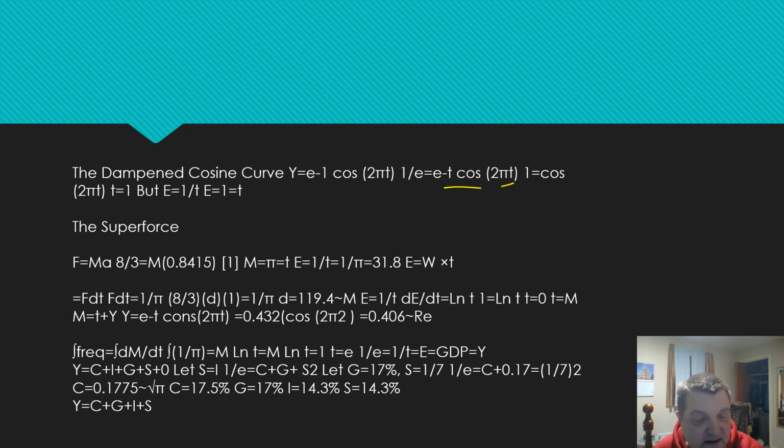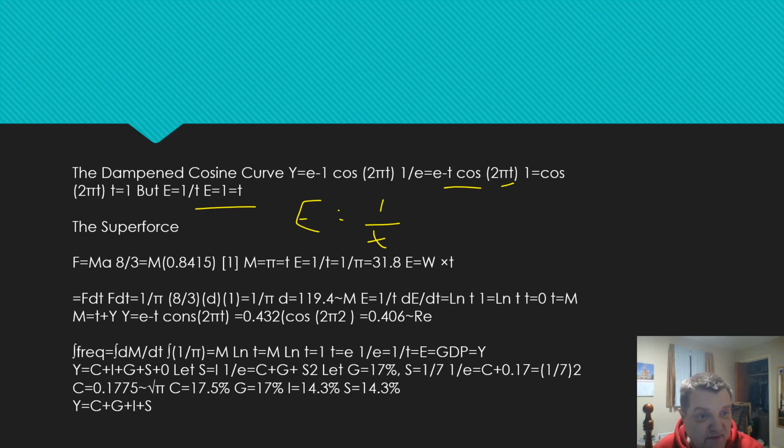T is equal to 1. But E is equal to 1 over T, so E equals 1 equals T. Energy equals 1 over time. E and T are both 1.